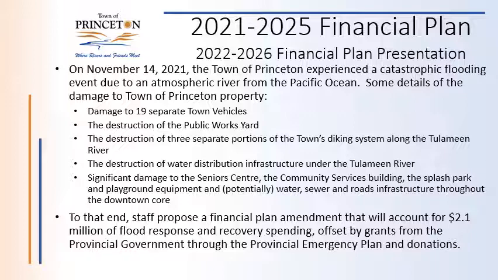To date, we've spent nearly $2 million on flood recovery within Princeton. That doesn't cover wages. It doesn't cover grants or anything like that. Just subcontractors and materials for flood support in the financial plan.